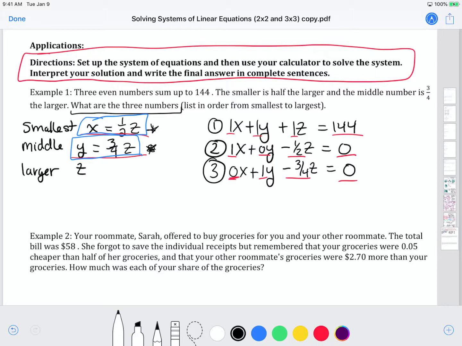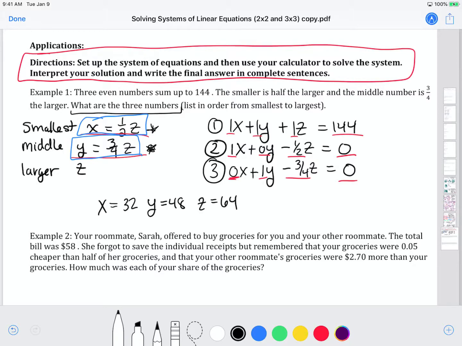Now, when you get your solution, it's going to tell you that your x is 32, your y is 48, and your z is 64. So that means 32 is your first number, 48 is the second number, and z equals 64 is your third number, which is the largest.